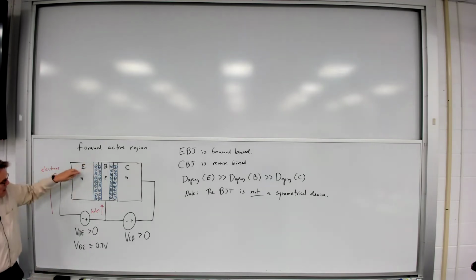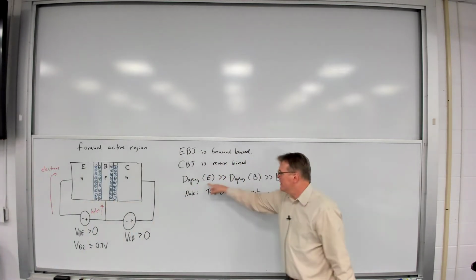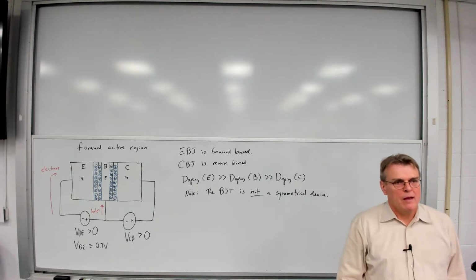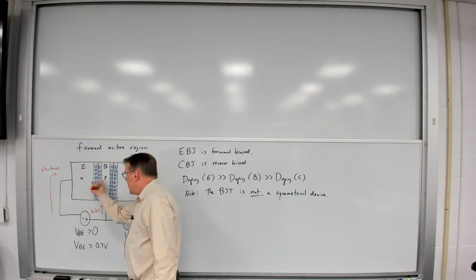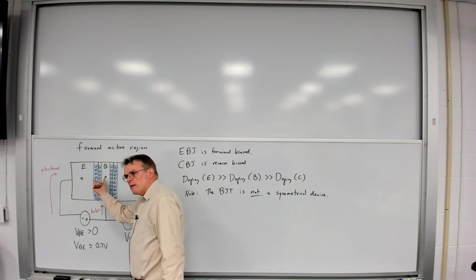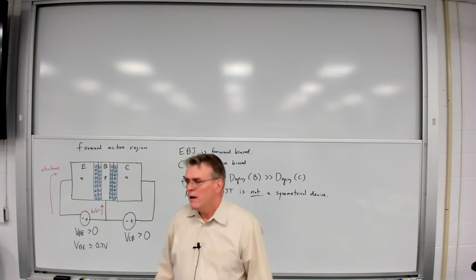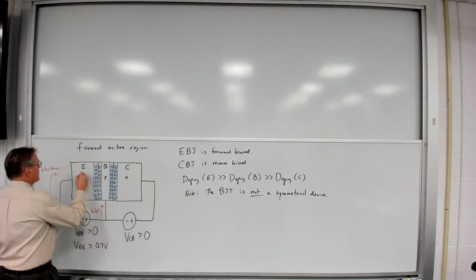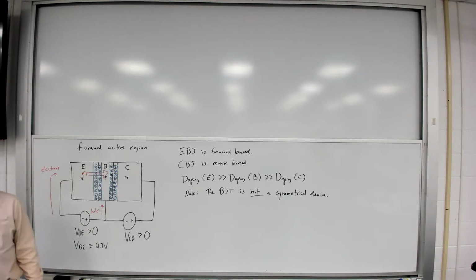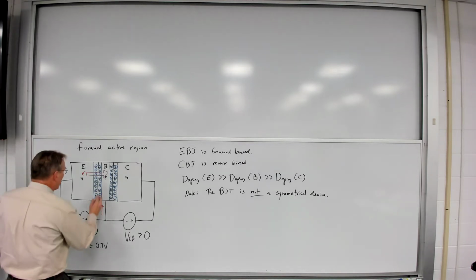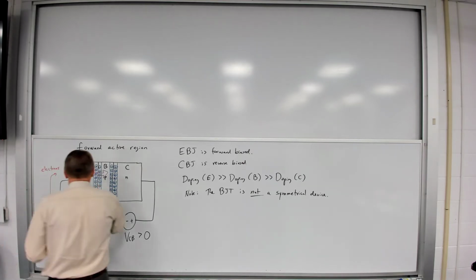But you notice, there is an asymmetry in the doping. There's a lot higher doping in the emitter than there is in the base. And so what's going to happen is, as current starts to flow through this base-emitter junction, and as the depletion region gets narrower and it's easier for carriers to diffuse across that depletion region, we have a lot more electrons going from the emitter into the base than we have holes diffusing from the base into the emitter.